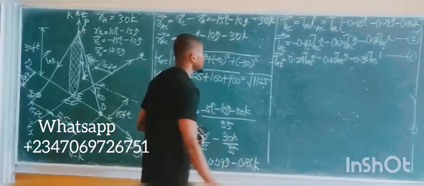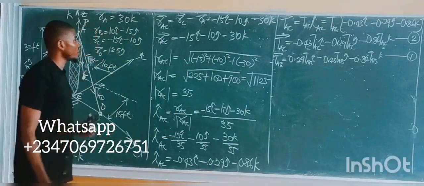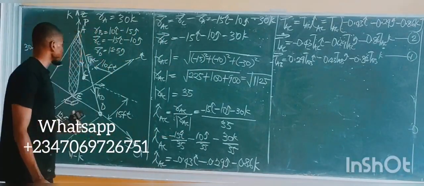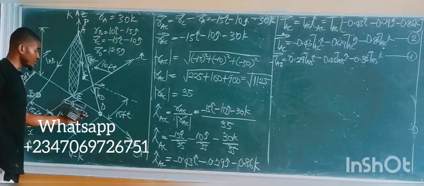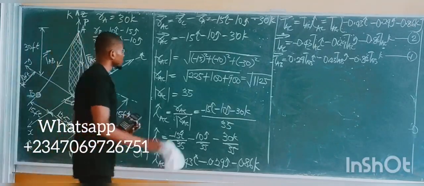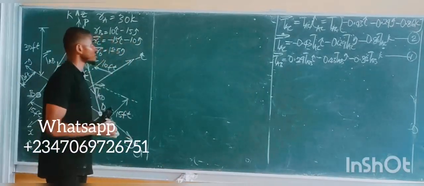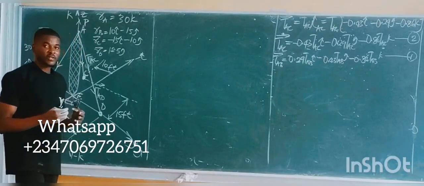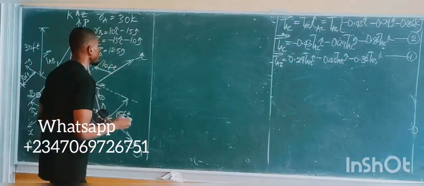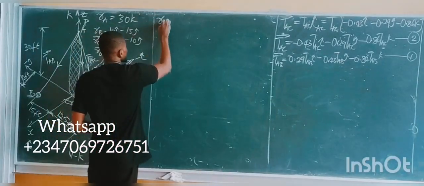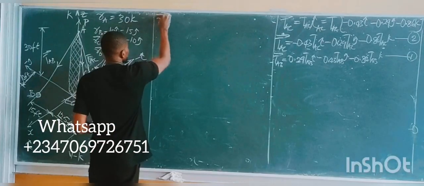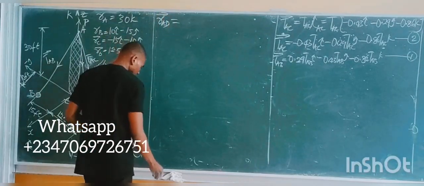Alright, after obtaining this for cable AB and cable AC, let's also find it for cable AD, which is the final cable now. It's still the same procedure. First of all, find the position vector between cable A and cable D, and that's simply RAD.